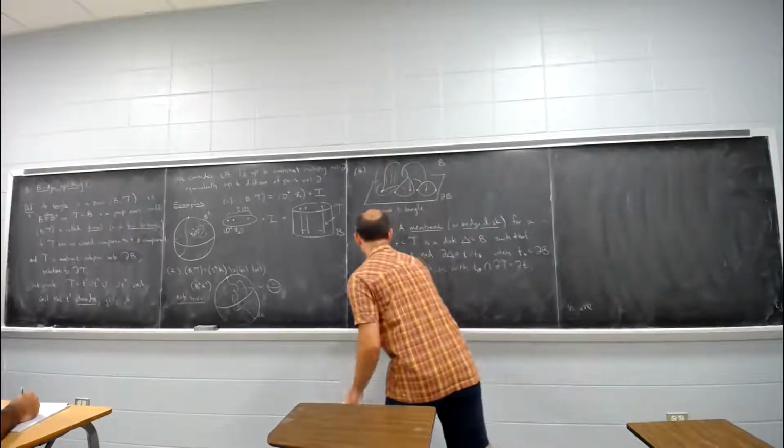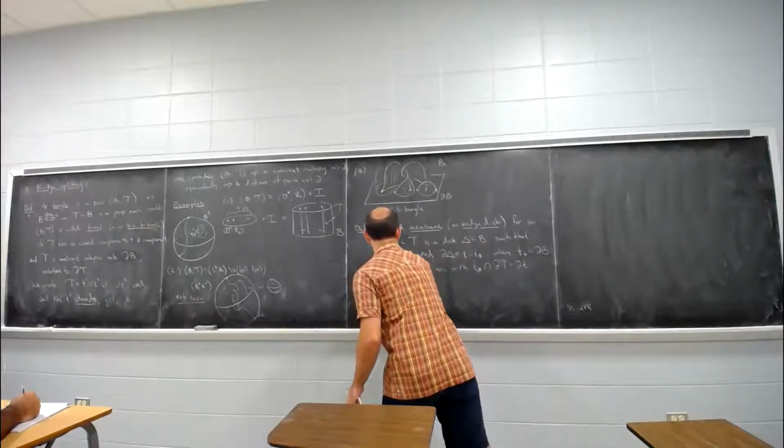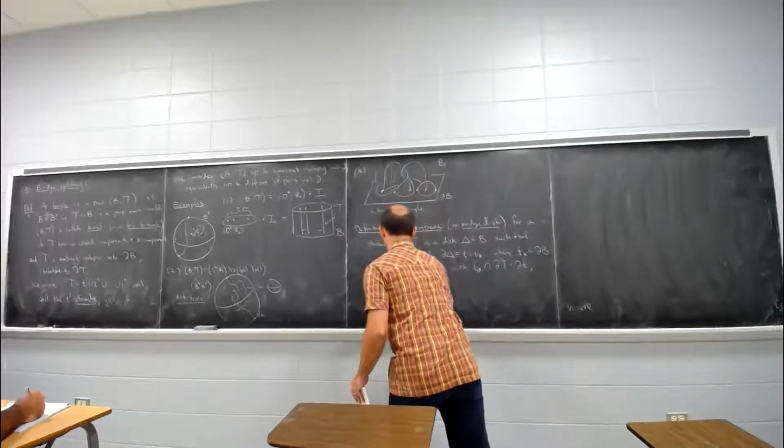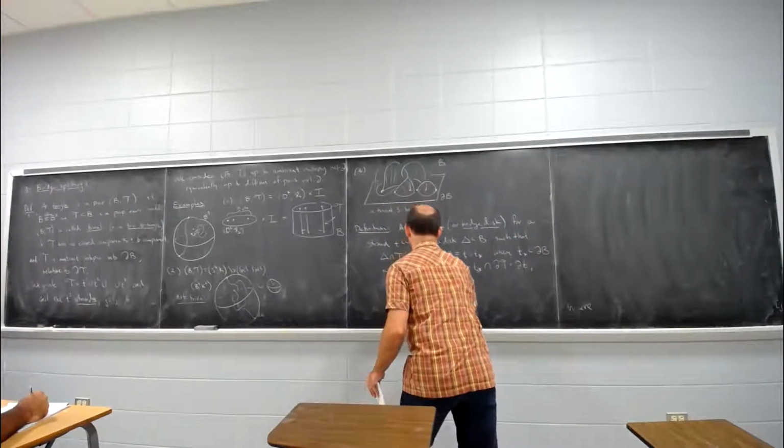And we'll just say T star is an embedded arc, called a shadow.